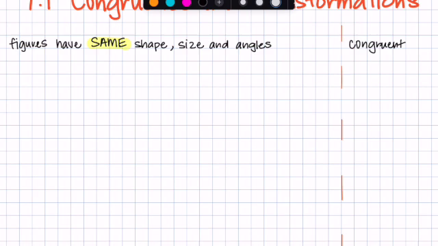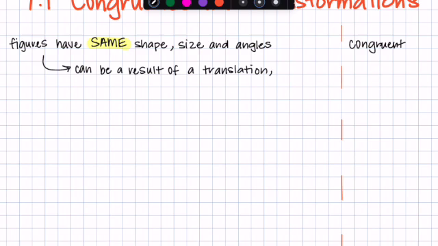And when figures have this, that could be a result of a couple kinds of transformations. The only three that gave you a congruent figure at the end were a translation, a rotation, or a reflection. Remember that dilation is the last one we learned, but it actually changed the size of our shape, and therefore it wouldn't be congruent.